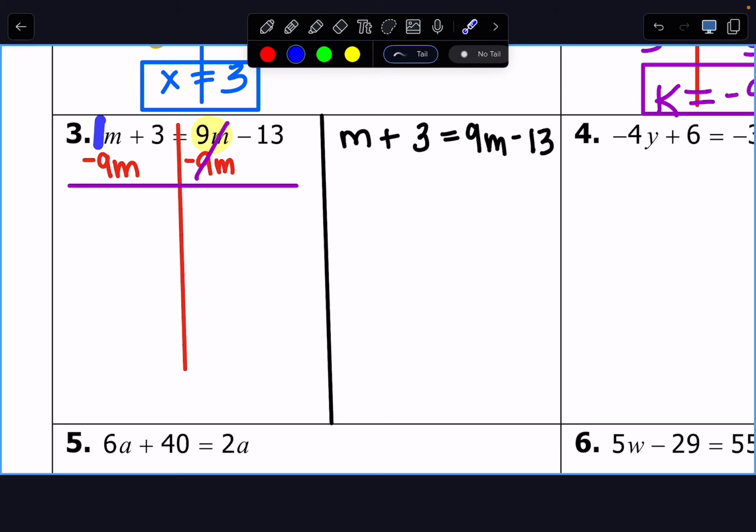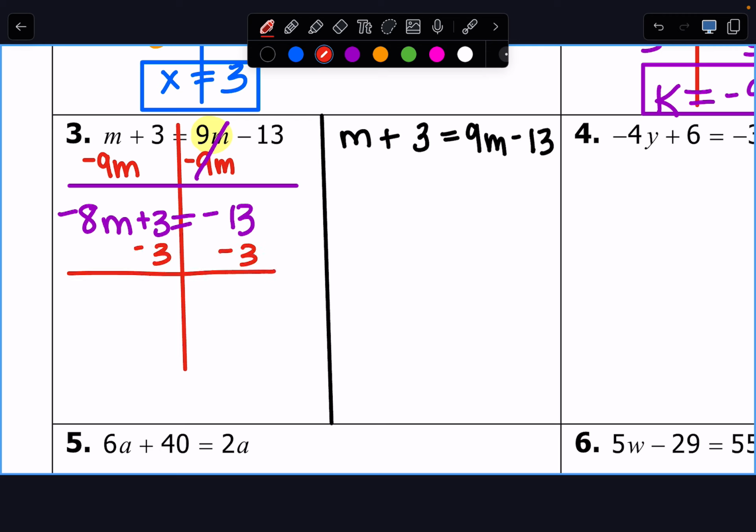This is like 1m minus 9m. We have negative 8m plus 3 equals, that's gone, negative 13. We would then have to subtract 3 from both sides so that negative 8m equals negative 16. And our last step would be to divide by negative 8 to get m equals 2.